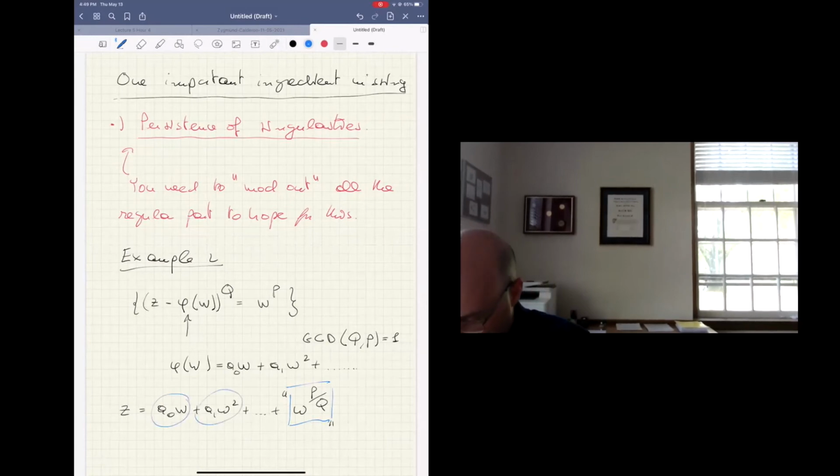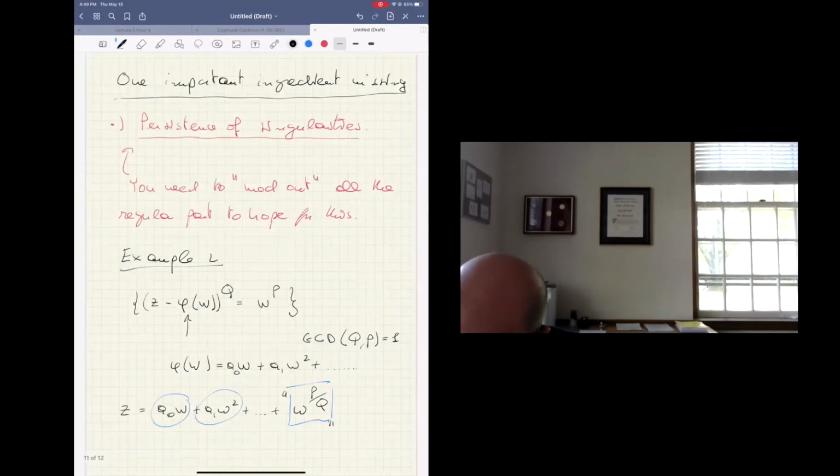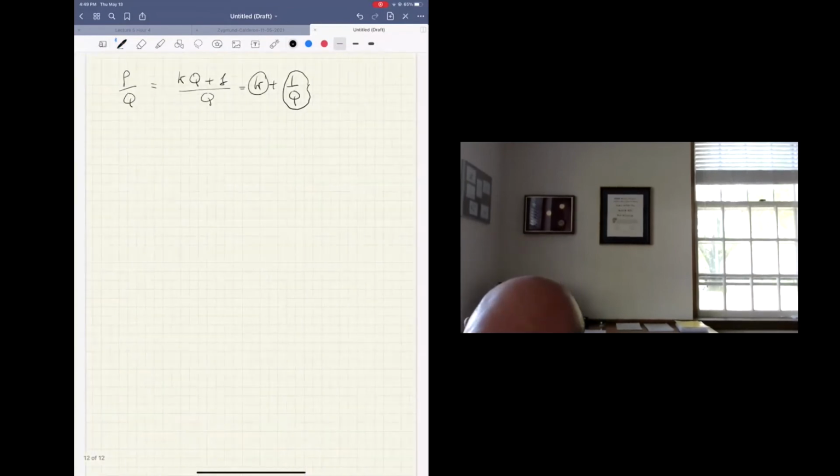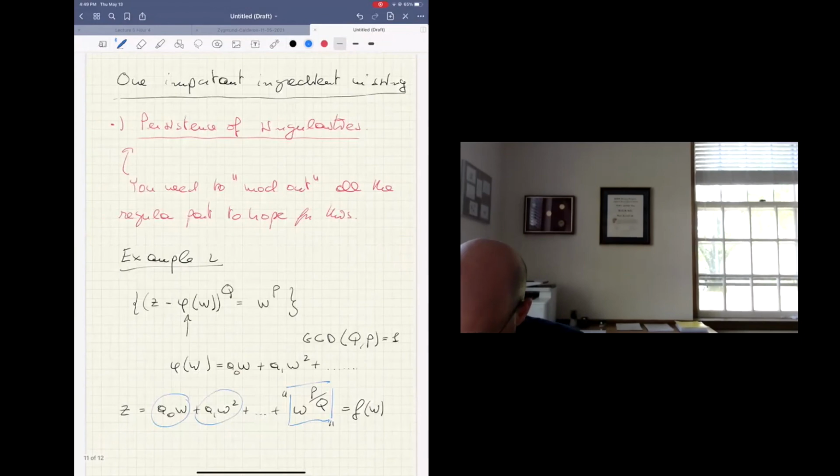Therefore, if I take the graph of this function, which I call f of w, what I potentially see is something like this. Here I have my first approximation, which is a linear function.